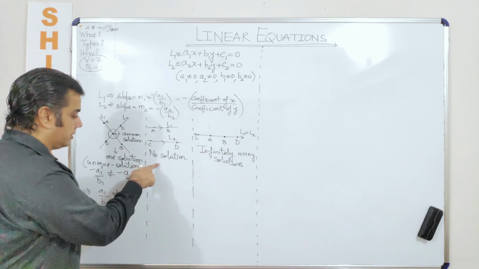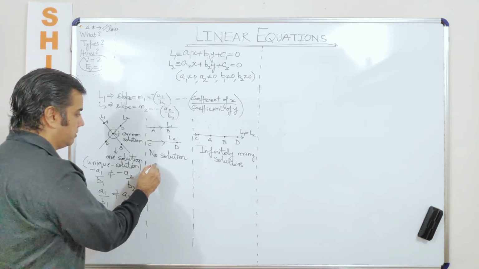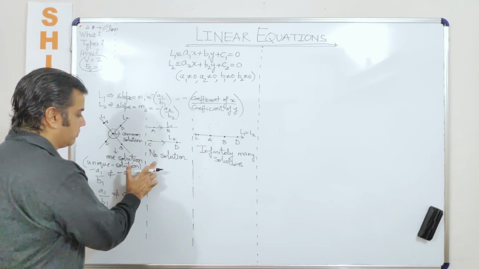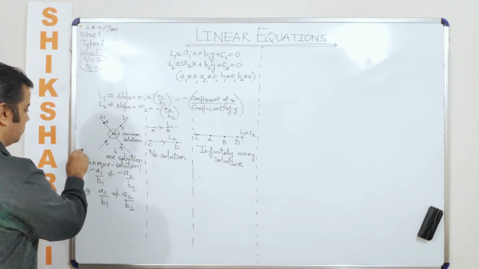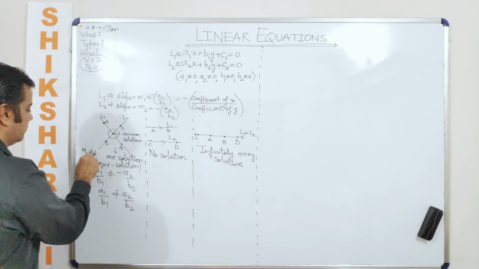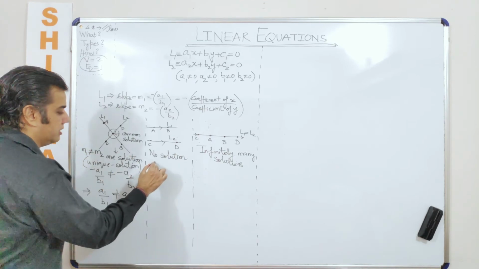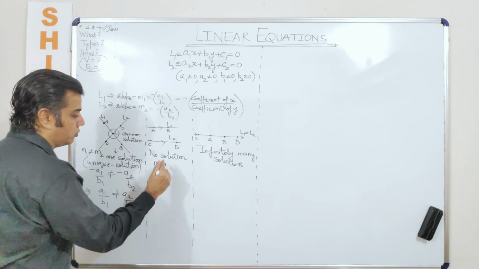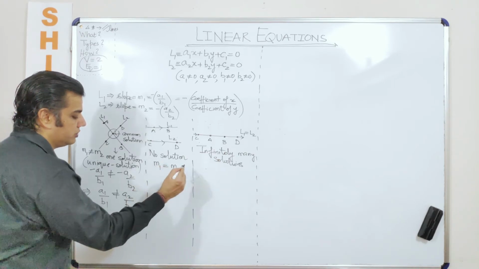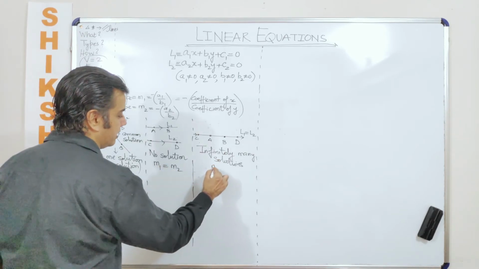And the same inference, if I have to draw here, I will say what? The slopes here are equal, right? So let's say here the basic condition was the slope of line m1 is not equal to the slope of line m2. Here the slope of line m1 is equal to the slope of line m2 because both the lines are parallel to each other, and here also the slopes are equal.